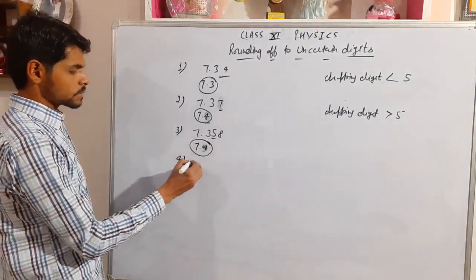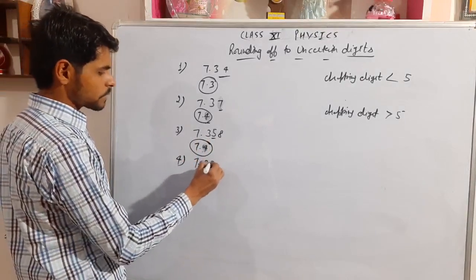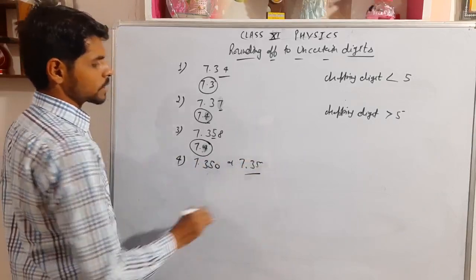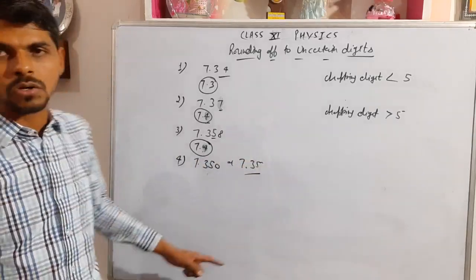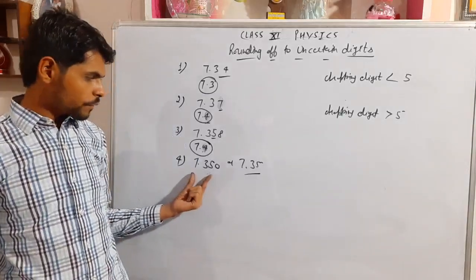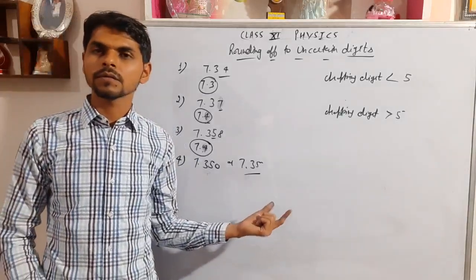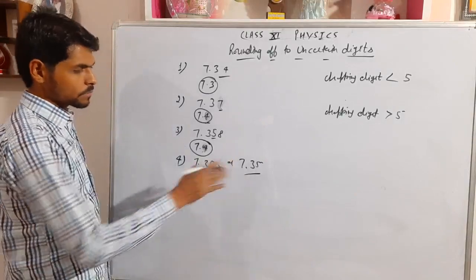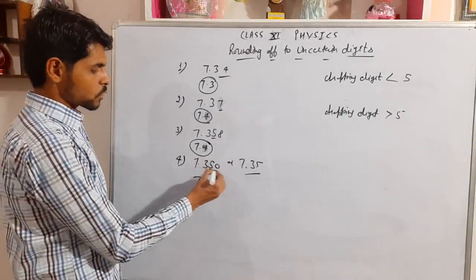Now the fourth rule: if this number is given, it is the same case. Either 0 is written at the end or not. This also has 4 significant figures, and we have to drop to 2. So this is 7.3 in both cases. So we have to drop 5 now.